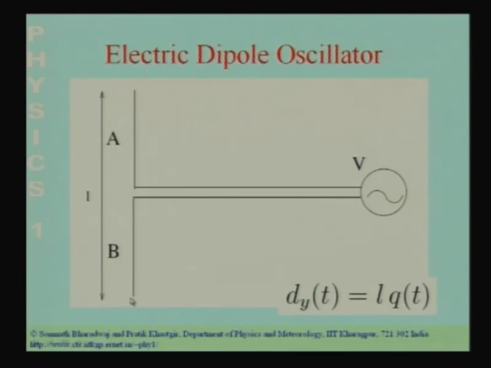You can think of it as electrons moving up and down a single wire, electrons accelerating up and down. These electrons that accelerate up and down will produce electric fields which fall off as 1 by r. If I am sufficiently far away, you will see an electric field component which falls off as 1 by r. This is the dominant thing which you will see if you are far away.